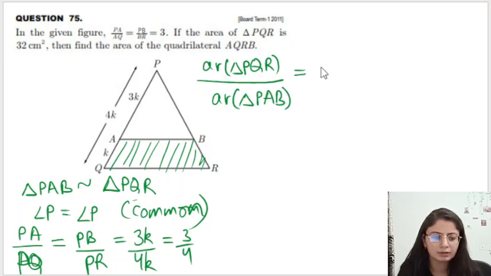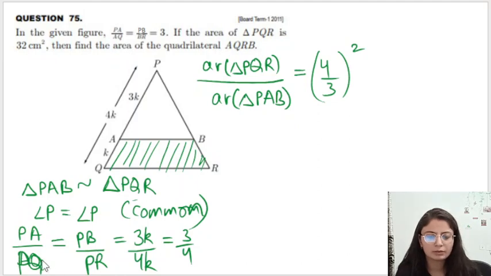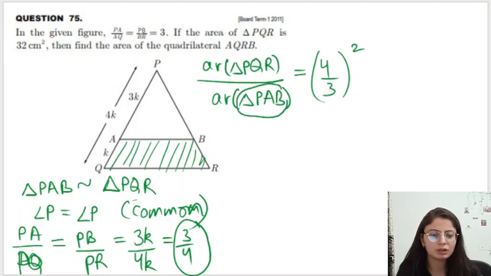This is 4 by 3 whole square. How? Because यहाँ पे हम इसका रेसिप्रोकल लेंगे. Why? Because PQ corresponds to triangle PQR and PA corresponds to triangle PAB. So therefore इसका रेसिप्रोकल हो जाएगा 4 by 3 का होल स्क्वायर. तो दिस बिकम्स 16 by 9.